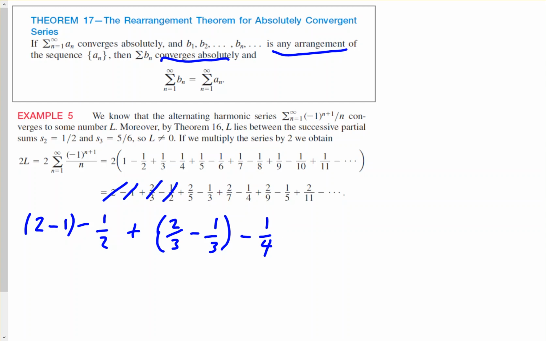So I use 2/3 minus 1/3 and then minus 1/4 plus 2/5 minus 1/5 minus 1/6.